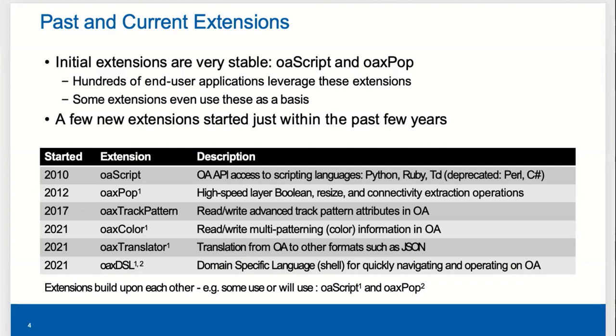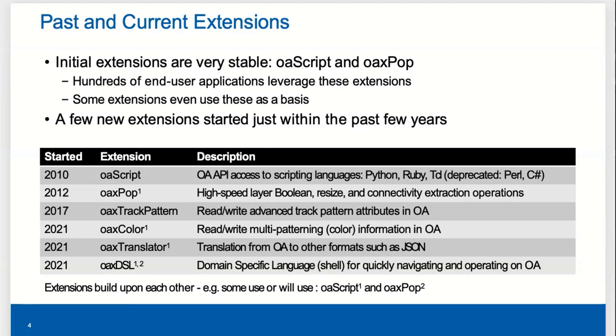And then below that, we have other extensions that have started within the past few years. The track pattern one hasn't been used in a while, but was discussed for a time. And then we have three new extensions. One reads and writes multi-patterning color information in open access, which Ben will speak about soon in today's meeting. Then the translator working group, which will be discussed as well today, converts open access to other formats such as JSON.